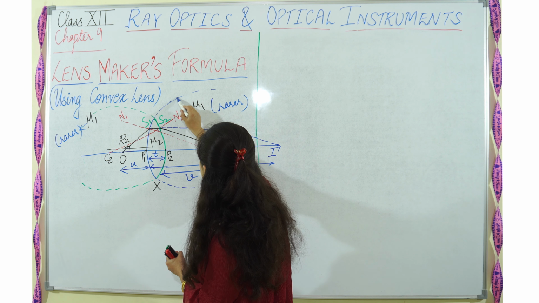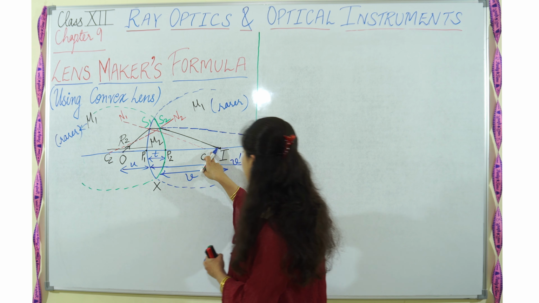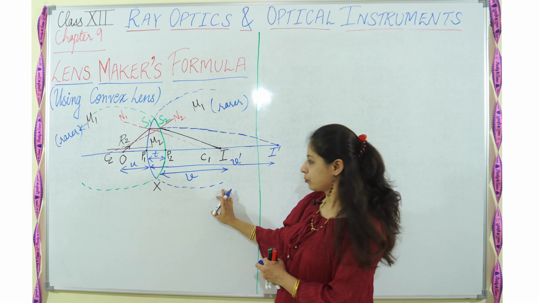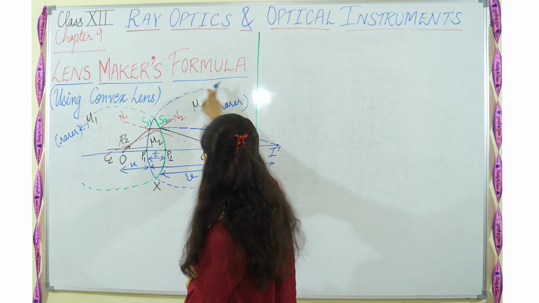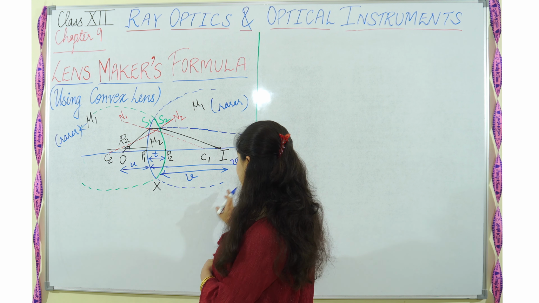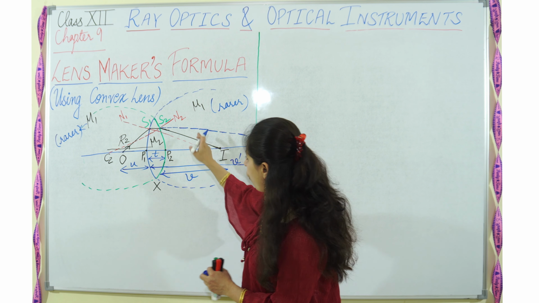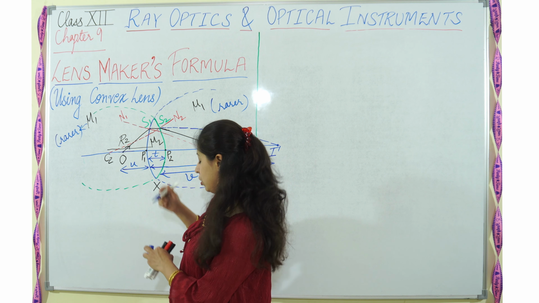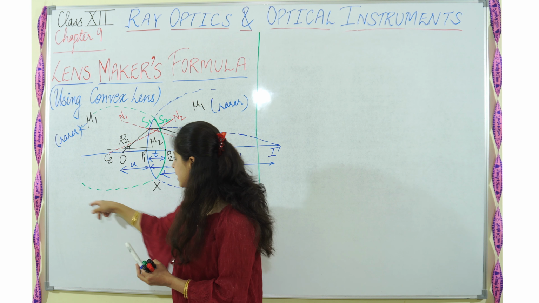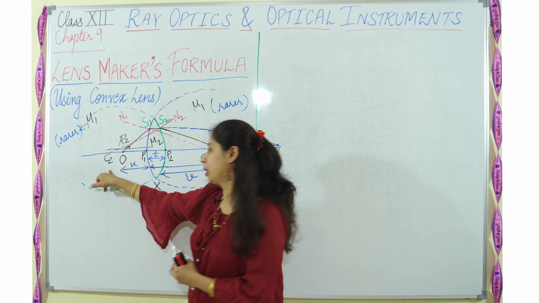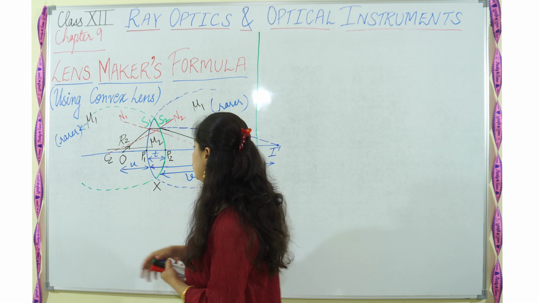My center of curvature will be C1 over here for the surface S1. If I draw a sphere, my center of curvature will be C1. For the surface S2, the sphere will be like this and my center of curvature will be C2 over here. So this is my C2.